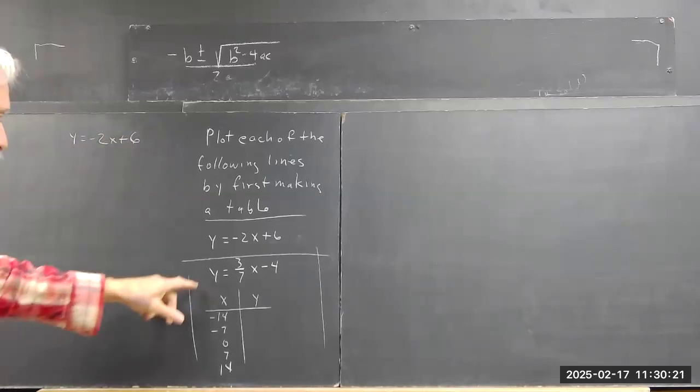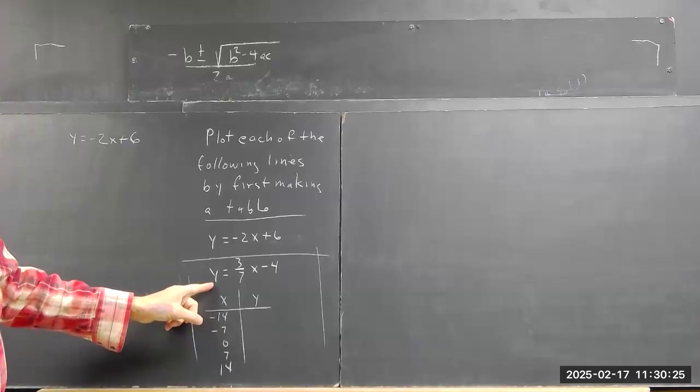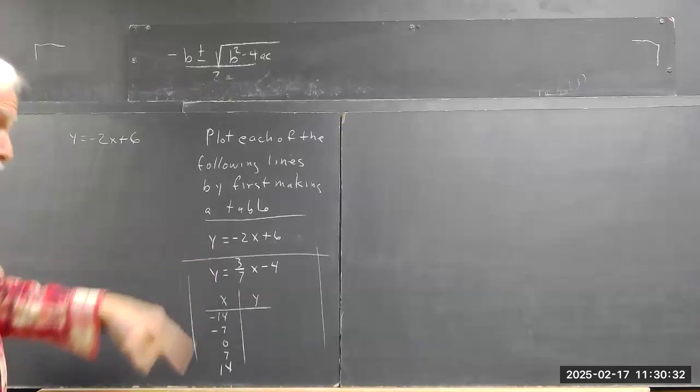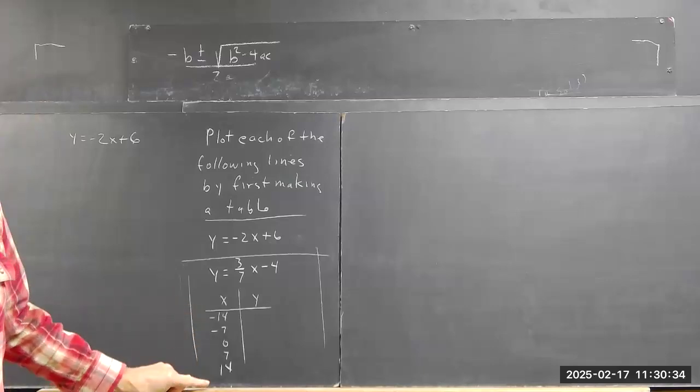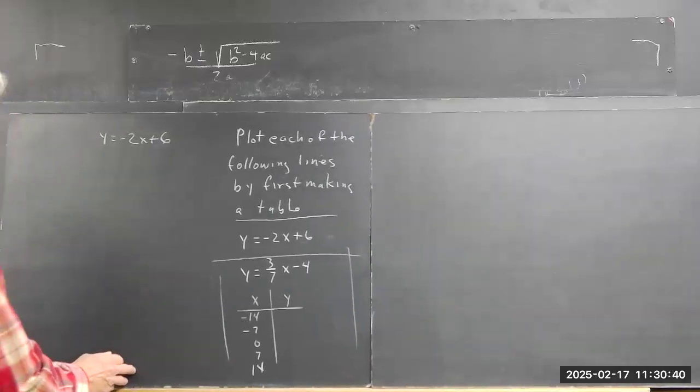Now, I specified what x values to use for this function. I didn't specify for this, so you'd be welcome to use whatever x values you like. But since everybody used these x values, they're fine. I'll do the same. And there's something to be learned from doing that about scaling the graph and so forth.